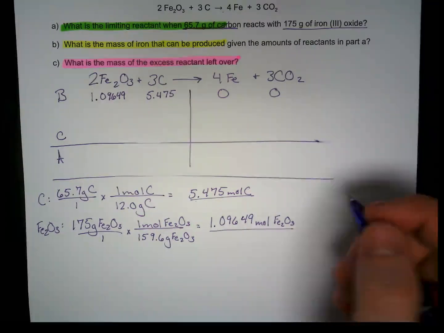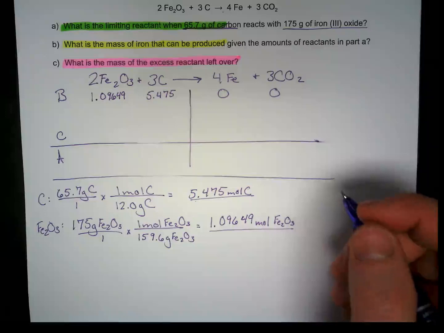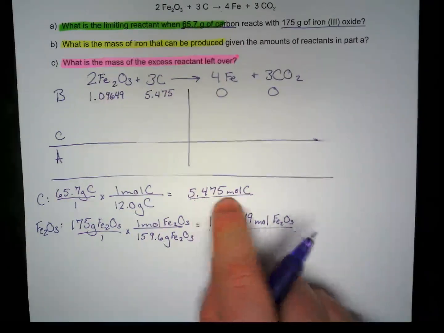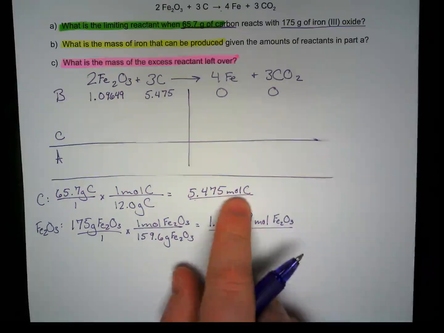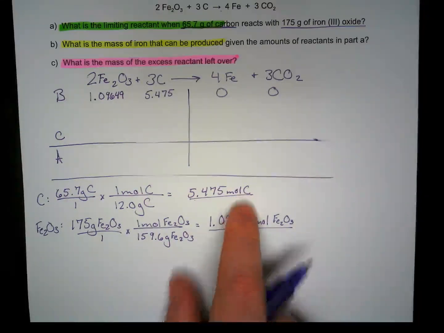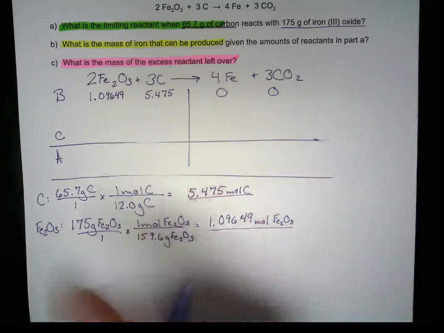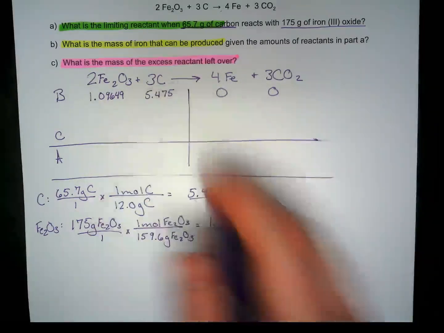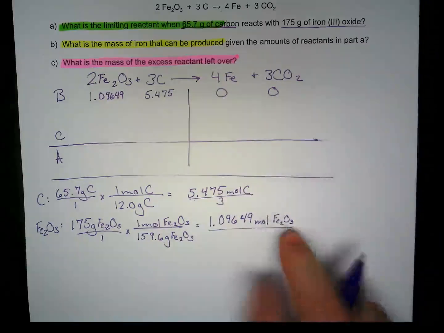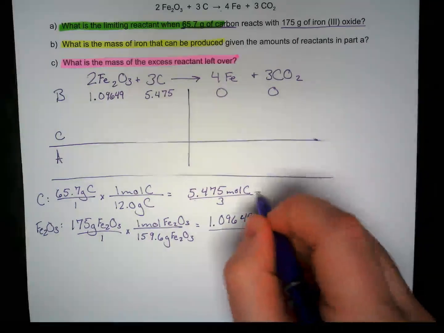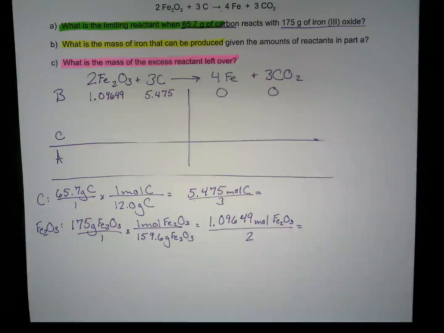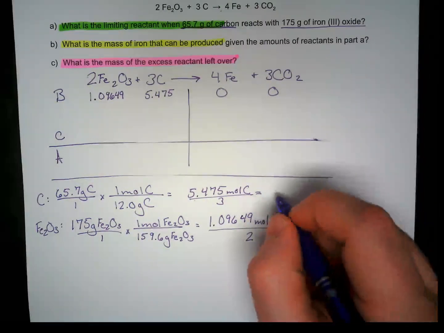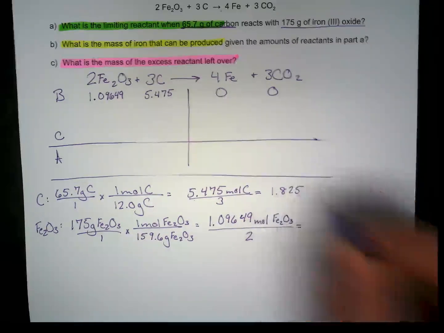Now let's figure out who our limiting reactant is. We're going to divide the number of moles by the respective coefficient in our balanced equation. For carbon it's 3, and for the iron oxide it's 2. For carbon we should get about 1.825.